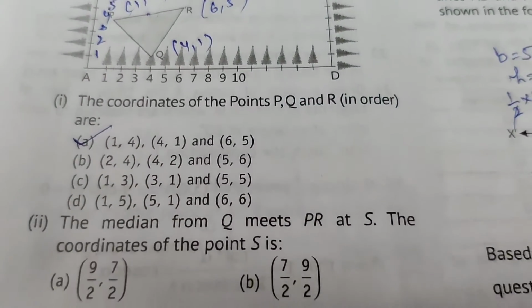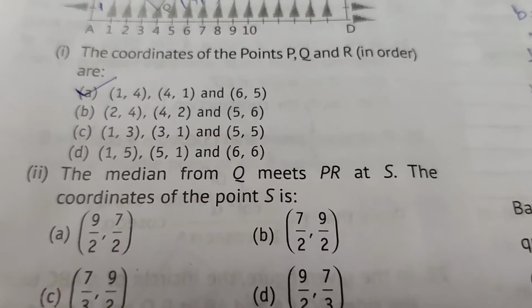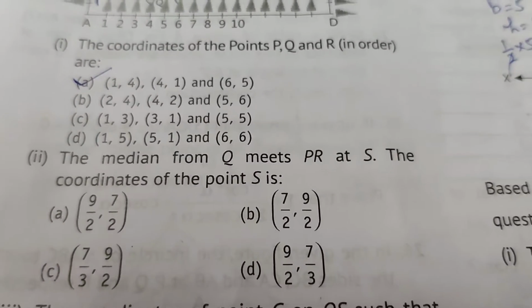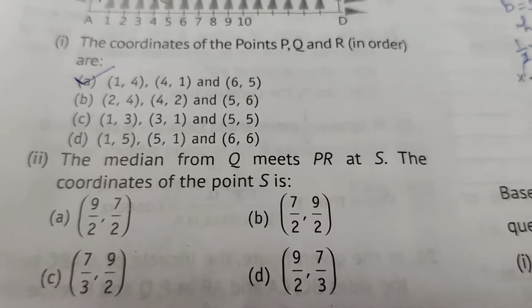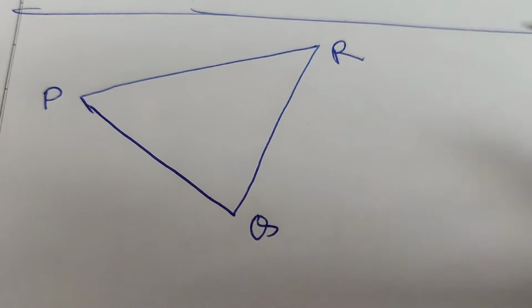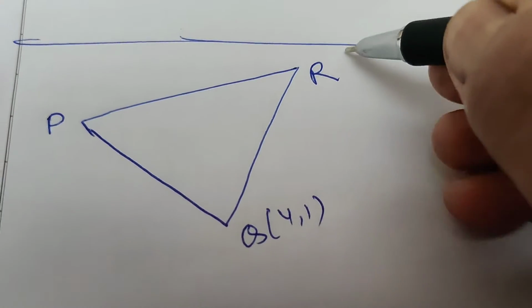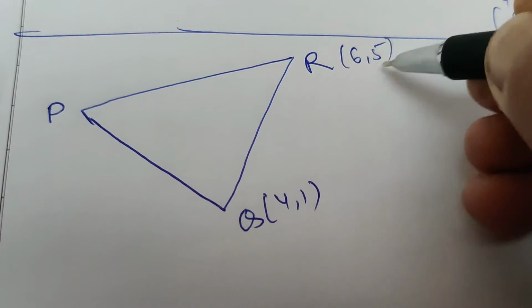Okay. Next, the median from Q meets PR at S. The coordinates of the point S: the median from Q at PR. This is a triangle PQR. The coordinates of Q is 4, 1, R is 6, 5 and P is 1, 4.